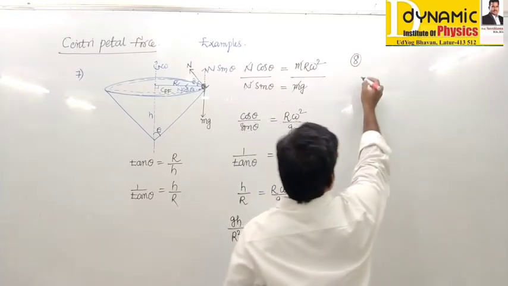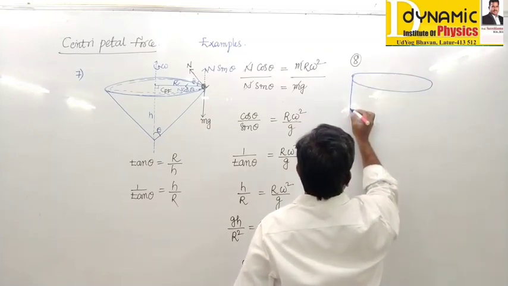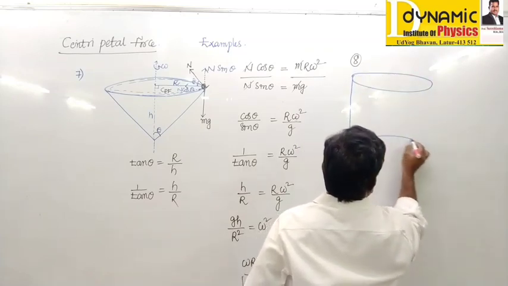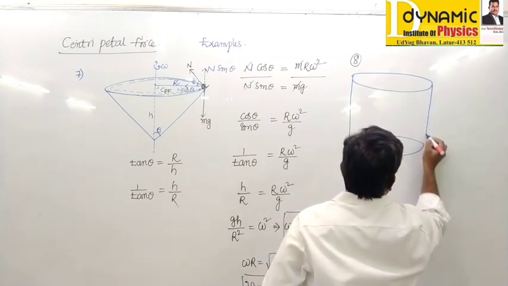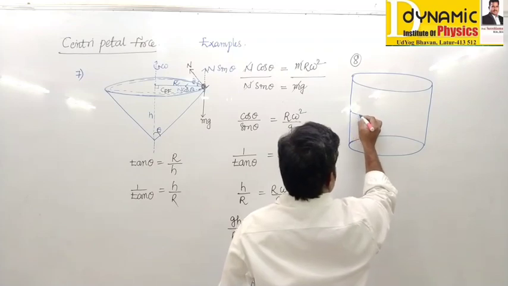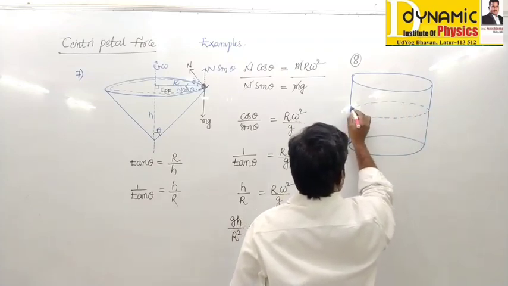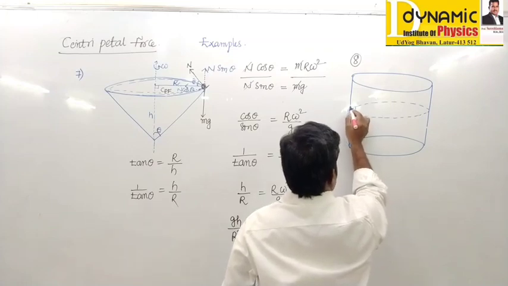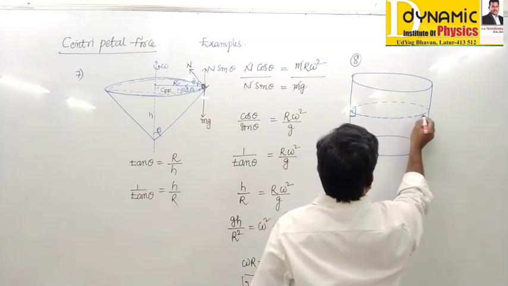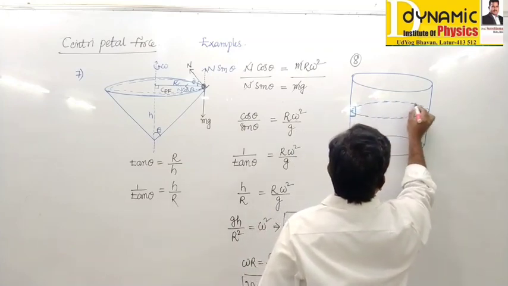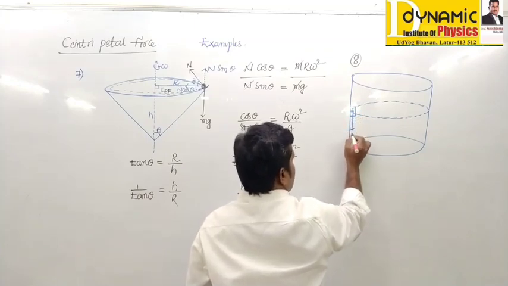One horizontal cylindrical drum is given. A body is revolving in the drum in a circular path. Weight is acting vertically downward.